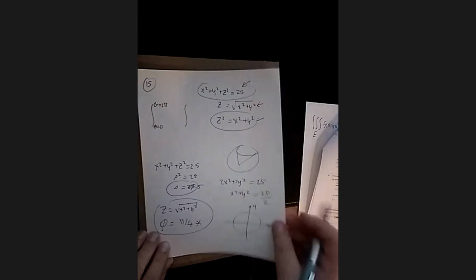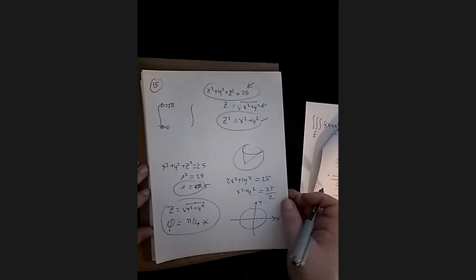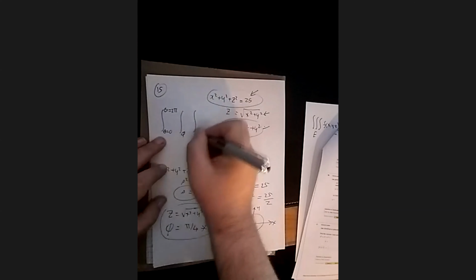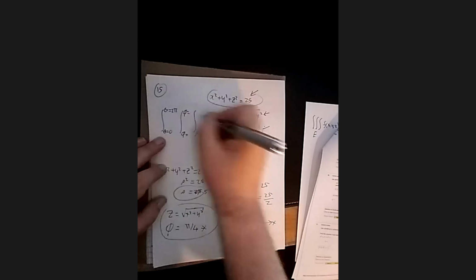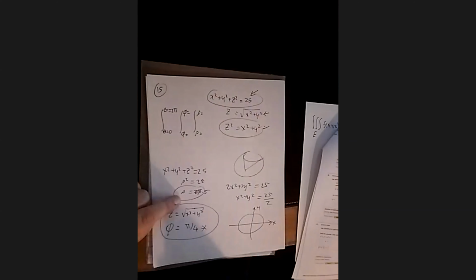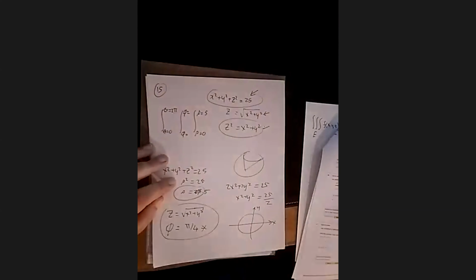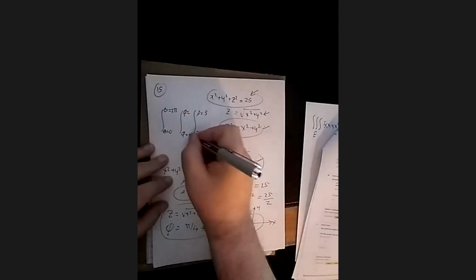And when I put all my pieces together here then, that's my theta. That's going to be my phi's, and these are going to be my rho's. Now, since rho is 5, and I'm going from 0 to 5, this is pi upon 4, which is going to go here.